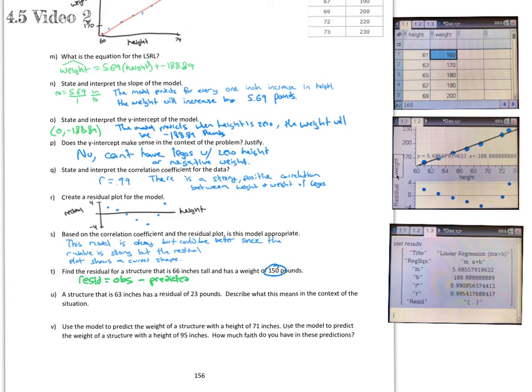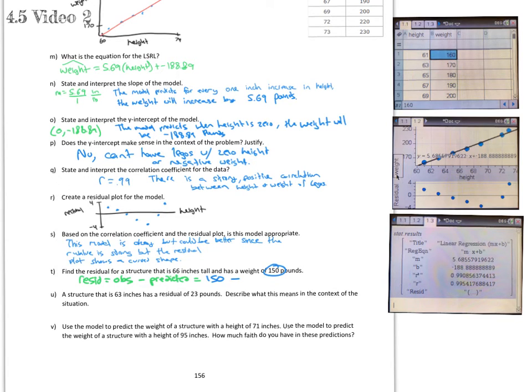So it's going to equal 150 minus, and now I need the predicted value for a height of 66 inches. And here's where we've got to jump onto our calculators again.